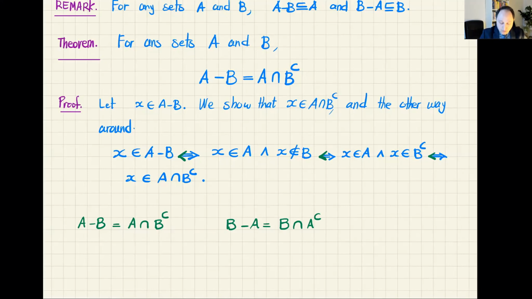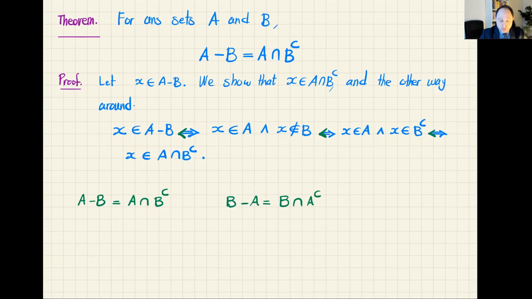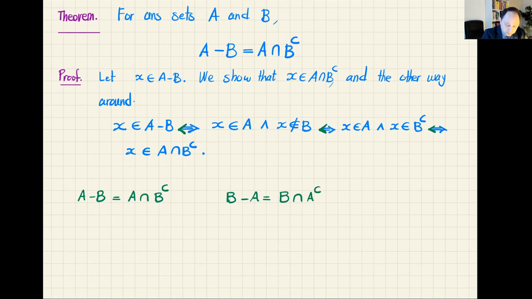But going from intersection to the difference, to the subtraction, you can do it in two ways. Yes, for example, let me read it. What does it mean? It means that if I want to go from here to here, I choose to put one of them, I change the intersection to the difference, but I complement my second set and put it here.